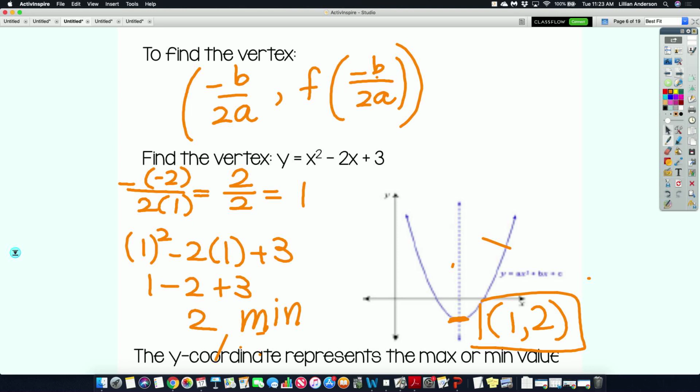If the graph opens down, then this point is called a max. And so then the maximum value would be whatever the y-coordinate is of that respective point. Okay? Questions? All right?